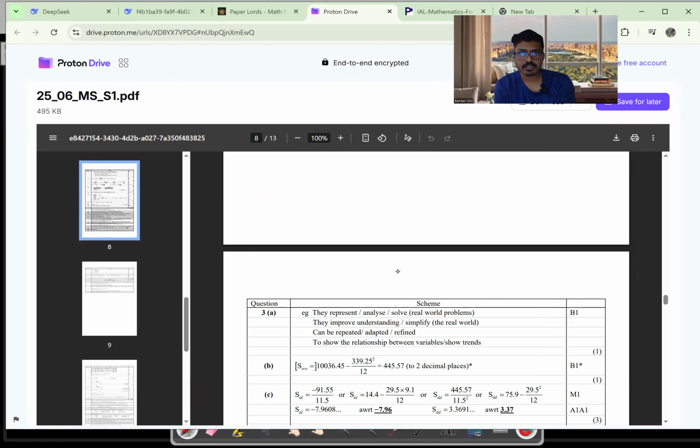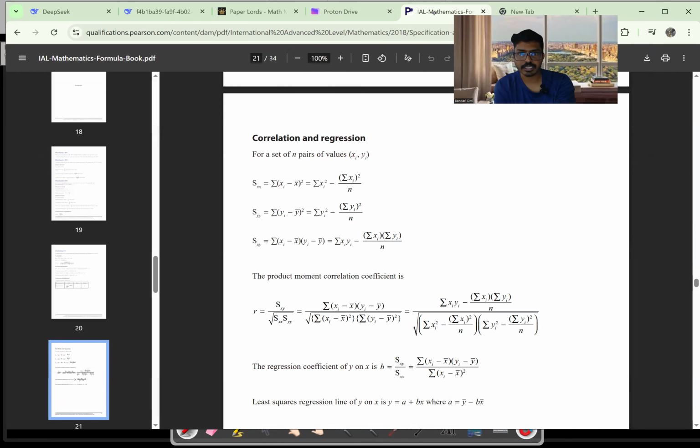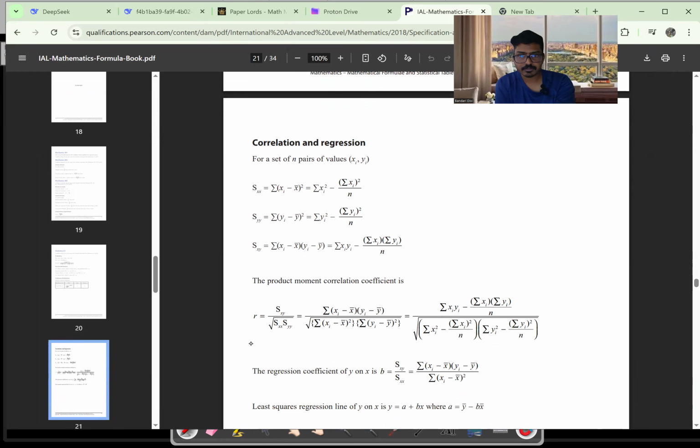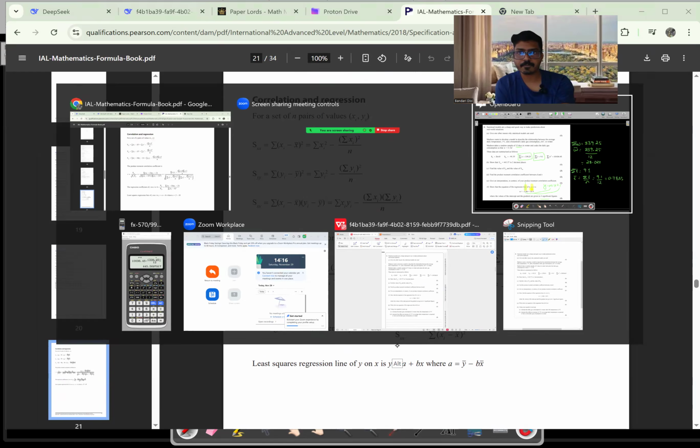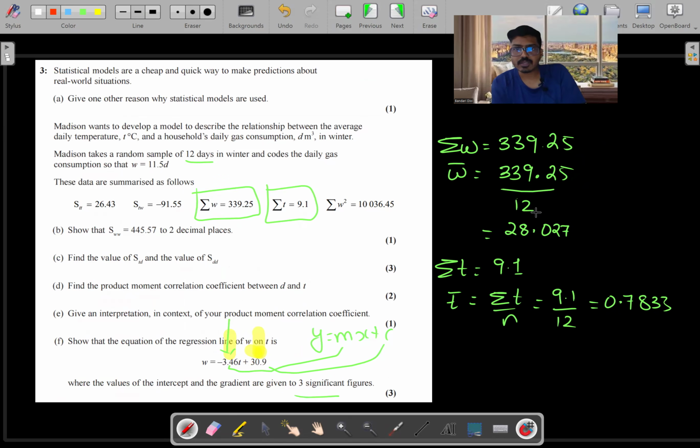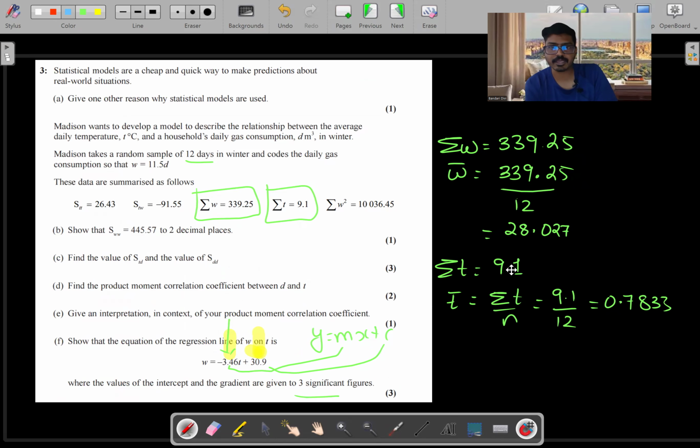This is our Pearson equation sheet, and this is the equation for our B gradient. The regression coefficient of the gradient will be this equation, SYY upon SXX. Now we will come back to the board. I'll write down that equation since I didn't copy it down, maybe while editing I'll put it in.